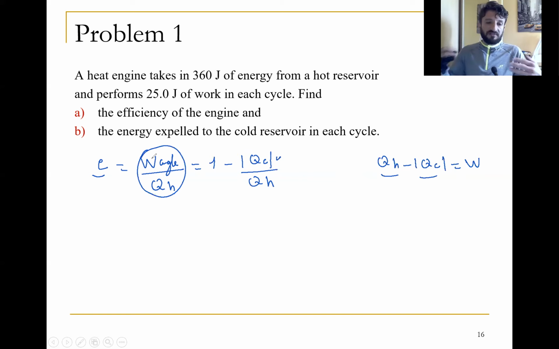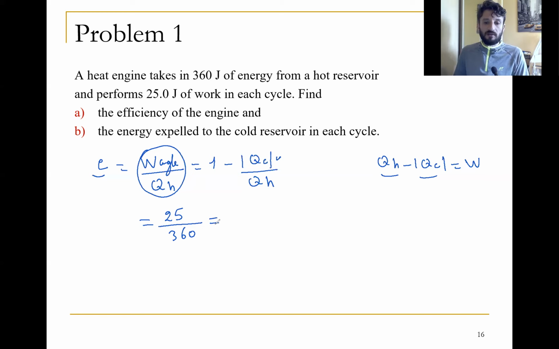Here you have two choices to calculate the efficiency. From the work divided by Q hot, which is equal to 25 divided by 360 joule. The efficiency must be less than 1. In this case we have a heat engine, so we have a clockwise engine.